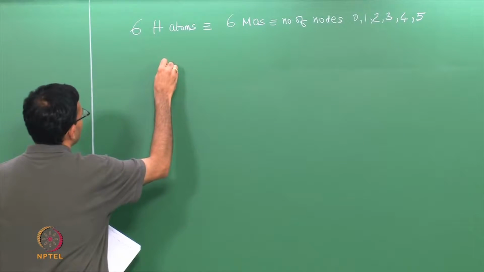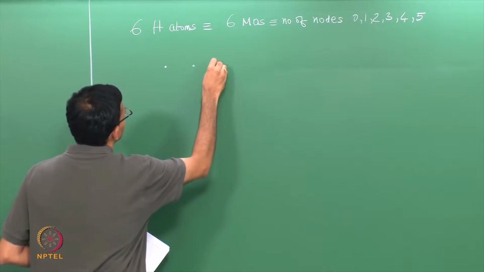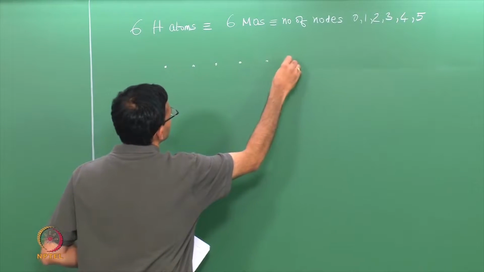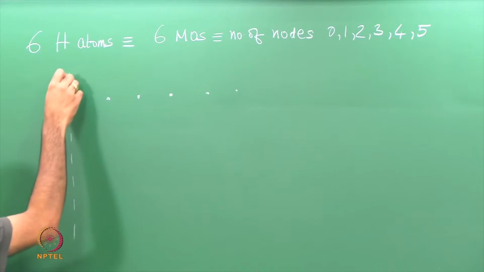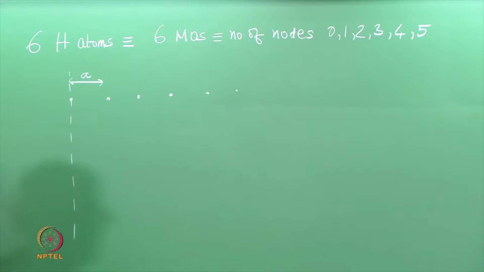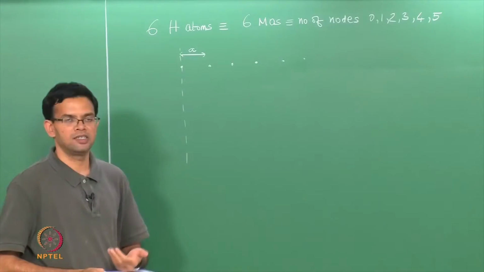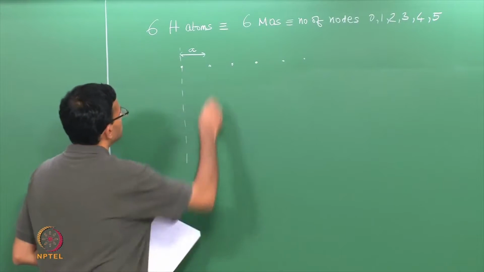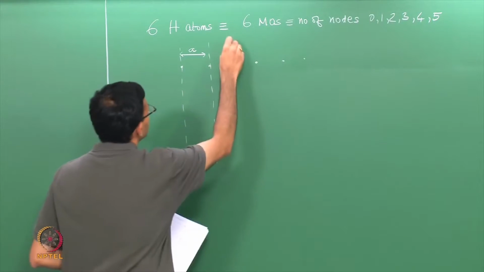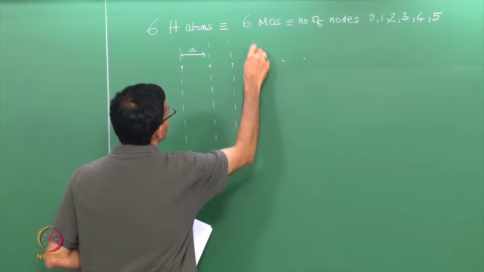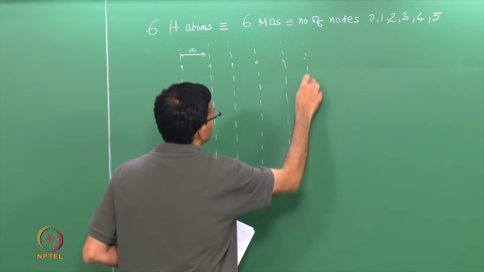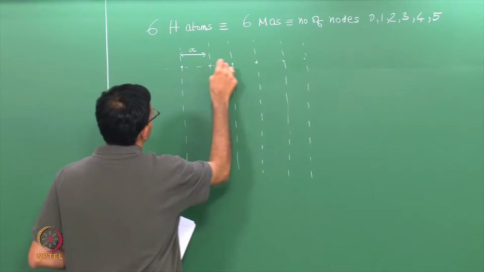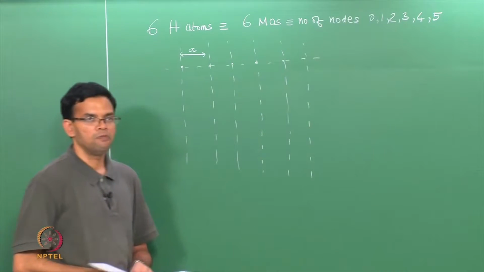So, once again let me mark the atoms. These are my 6 hydrogen atoms. The spacing between them is A and the spacing is uniform throughout. We will also extend A over 2 on one side and A over 2 on the other side. The dotted lines are just a guide to help me draw.